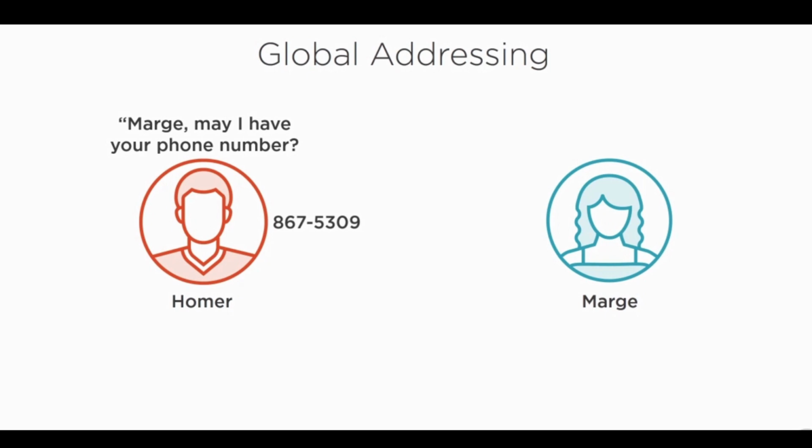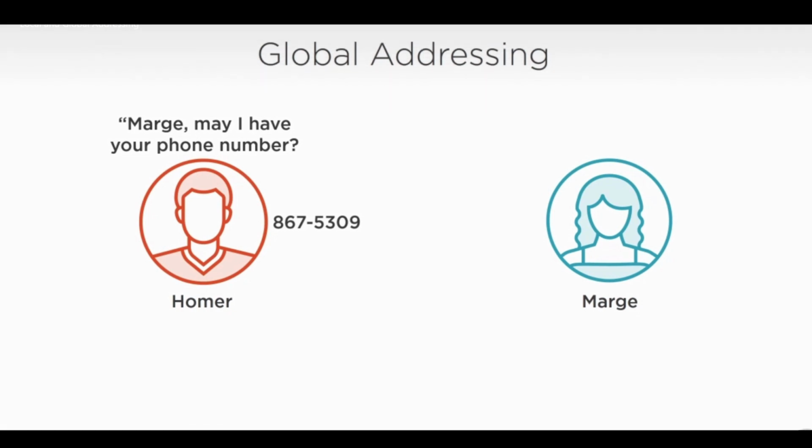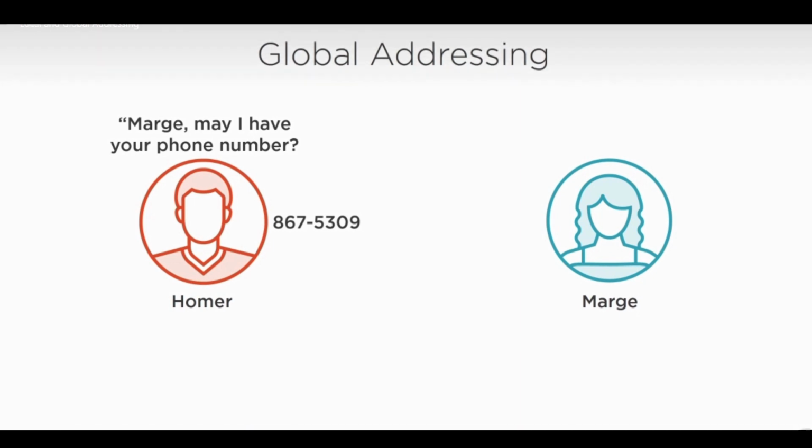Homer now has Marge's global address because now Homer can use that phone number to contact Marge from any place on the planet that has a telephone. So he knows that Marge has a local address of Marge, and now Homer knows that Marge's global address is 867-5309.